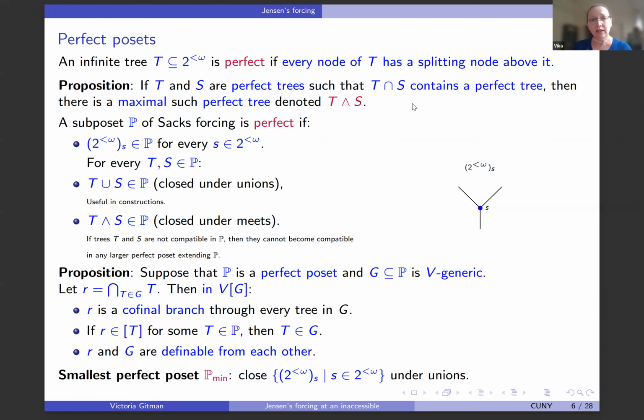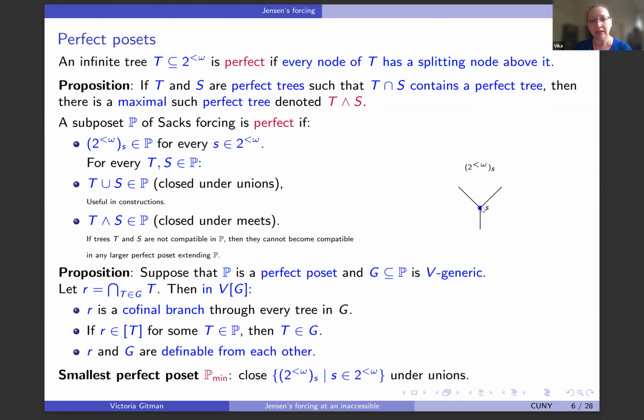Okay, so I will use this notion of meets in my definition of what a perfect poset is. So a subposet of Sacks forcing is going to be called perfect if it contains the full binary tree restricted to every node. So what do I mean with the notation 2^{<ω} with this node s at the bottom?